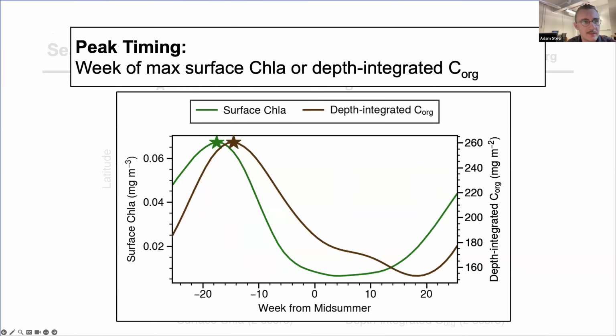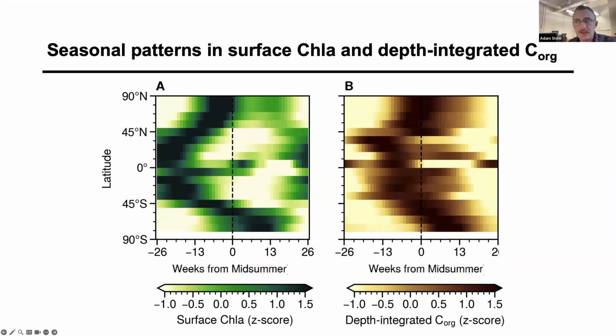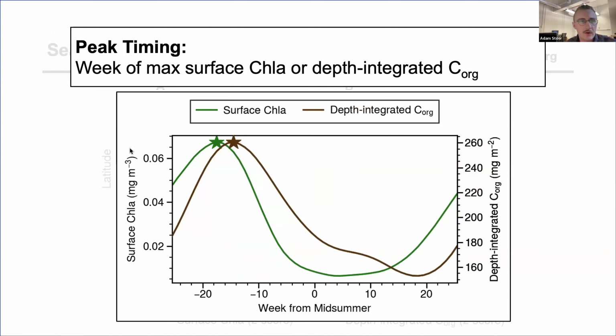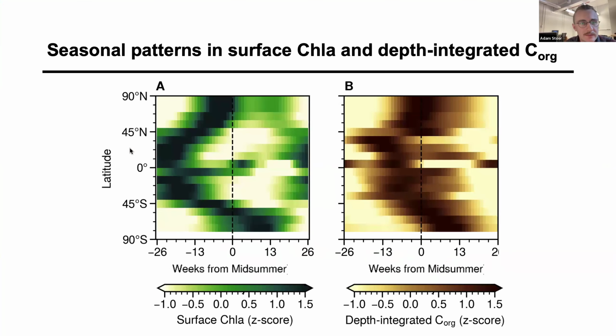So we have these three bloom metrics, right? We calculate them for each latitude that we have there. And then we can compare those bloom metrics. And these are somewhat arbitrary choices, how we calculate these and what they're called. But the point is that they're useful metrics that allow us to compare them quickly. Although you can see obvious differences between the two just in this figure here.